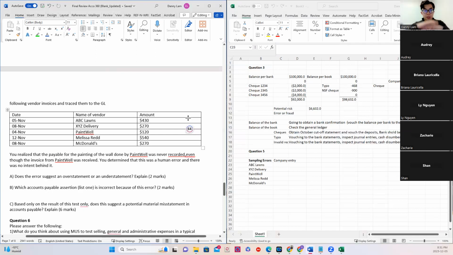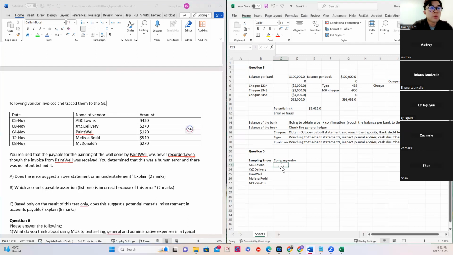Because we're auditors. We're not going to take the whole population. We're just taking a sample and extrapolating the mistake in the sample to the population to see if the mistake is material or not material. Do we get what we're doing here, guys? Yes, no, you want me to explain one more time? You're good? Okay. So what did the company do for ABC loans?